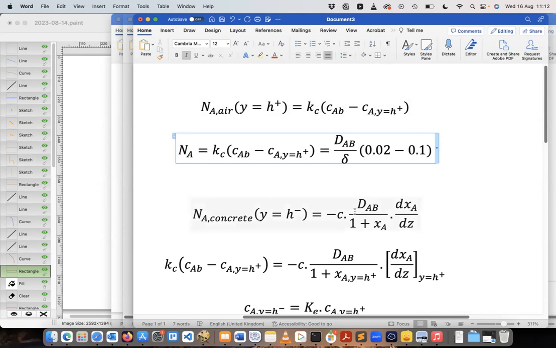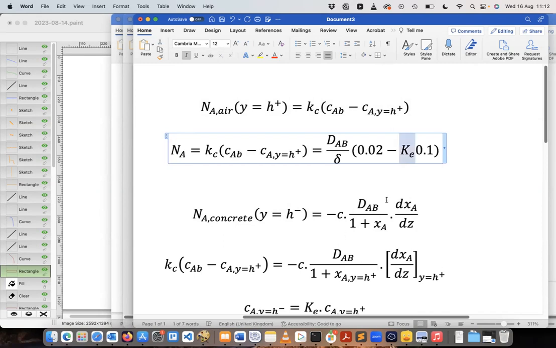So we need to multiply by the equilibrium constant, which was given in the original statement. That equilibrium constant still applies for all the variants. So multiplying the mole fraction in the concrete by the equilibrium constant gives us the mole fraction in the air.